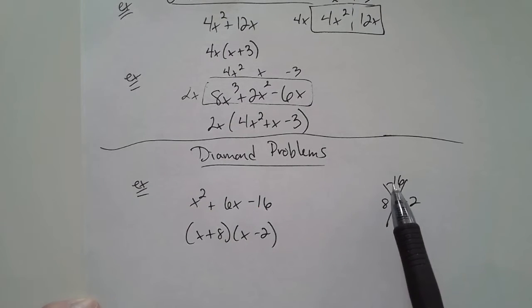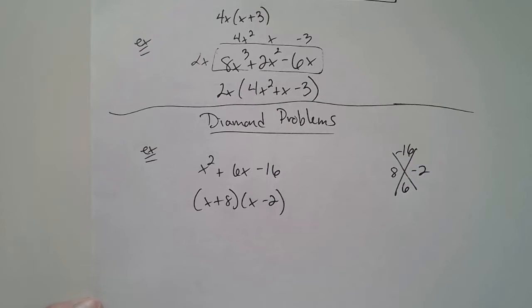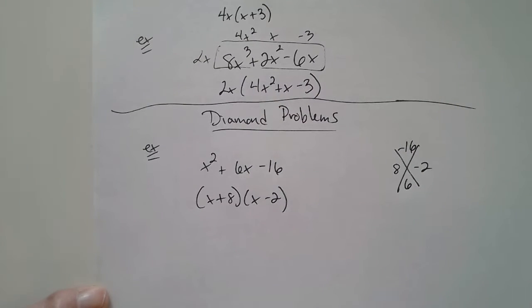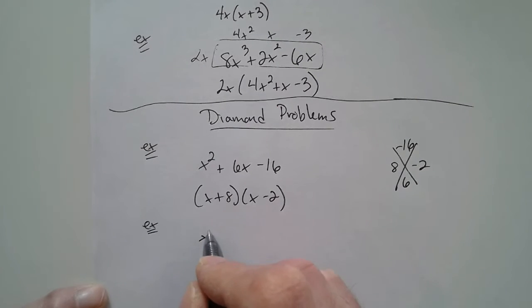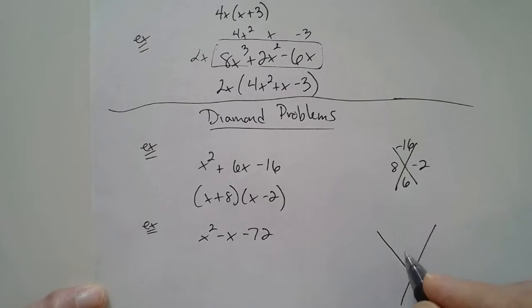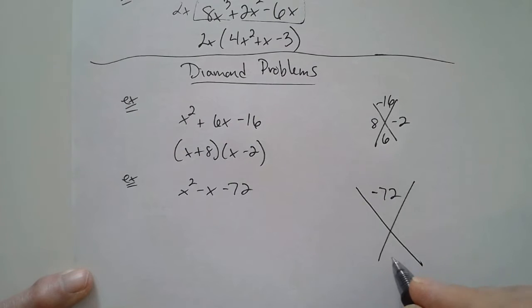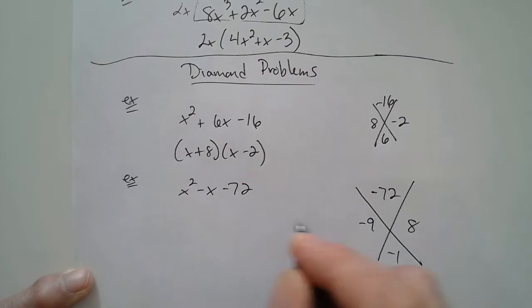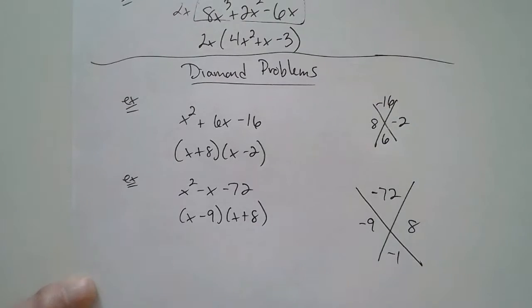This number goes on top of the diamond problem. That goes on the bottom. x plus 8 times x minus 2. There's going to be a lot of them, especially in section 7.3, just diamond problems. Just another example, if we have x squared minus x minus 72, negative 72 is on top, it would be negative 1 on the bottom. So it's x minus 9, x plus 8.